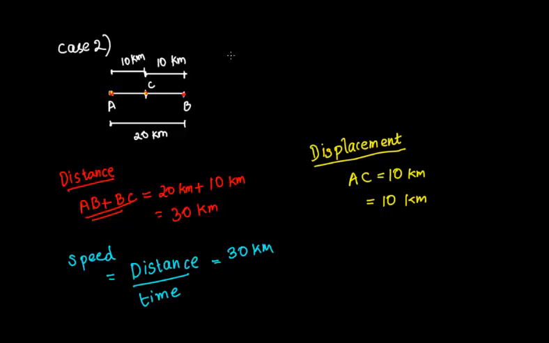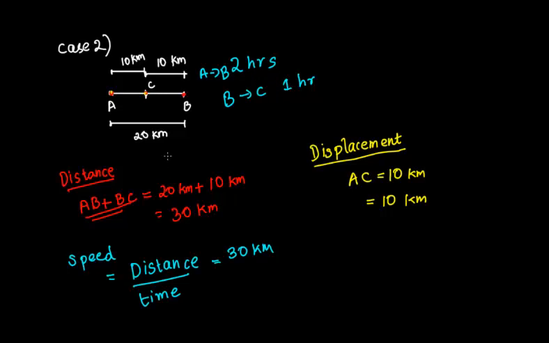Time is the same as what we took in the previous example. A to B, it takes 2 hours. And B to C, it would take half the time because C is the midpoint, so it will be 1 hour. I'll write it. A to B is 2 hours. B to C is 1 hour. Because it's the midpoint, it will take half the time.